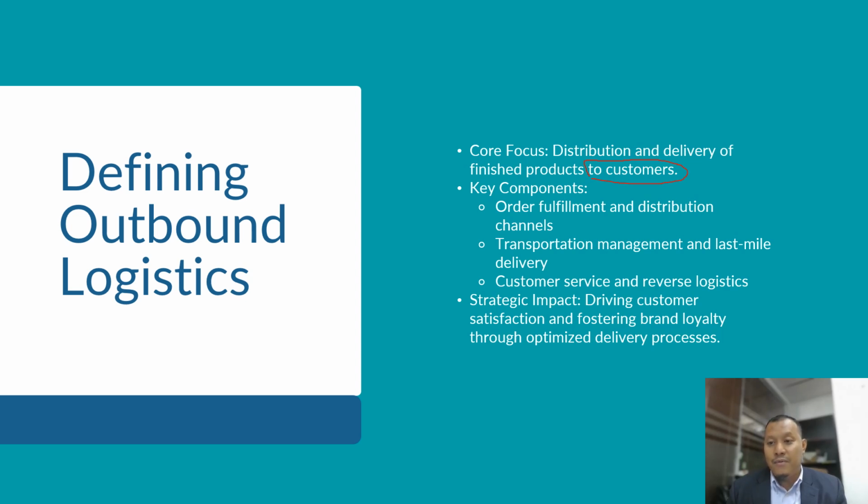This is very important, ladies and gentlemen, because outbound logistics is about how you move the product from your factory or warehouse to the doorstep of your customer. If you do it very well, with fast delivery, it will lead to customer satisfaction as well as help to foster brand loyalty among the customers.